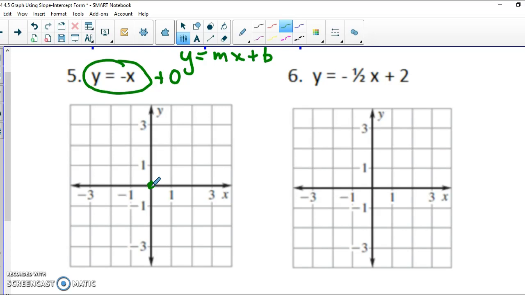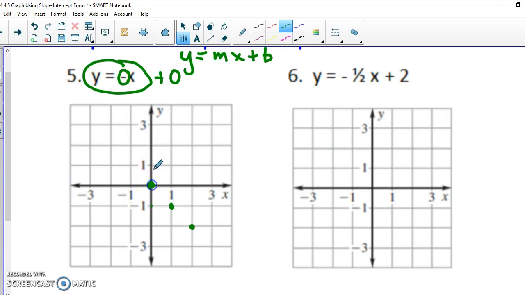Now from here I can use my m, my slope, to calculate the rise and run to help me find the next point on my graph. So in y equals negative x, my m is always my coefficient of x, which in this case is a negative 1. So from the origin, I can go down 1, right 1, down 1, right 1, or I could do a positive rise and a negative run.